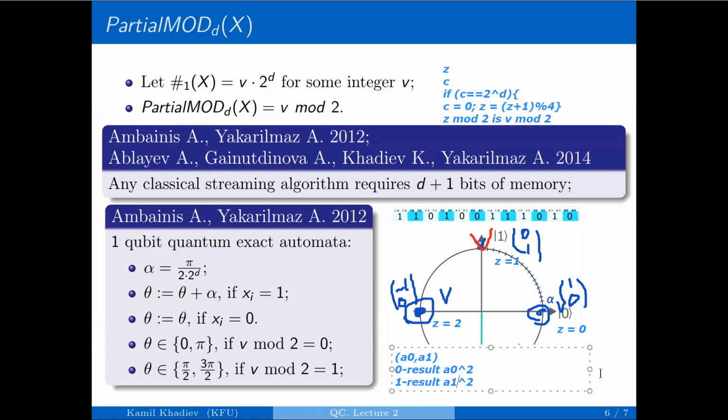For example, if we are on this state where z is 0, it is 1, 0. It means that the probability of 0 is 1, and the probability of 1 is 0. We obtain result 0. Here also we obtain result 0 because minus 1 squared is also 1, and 0 squared is 0.